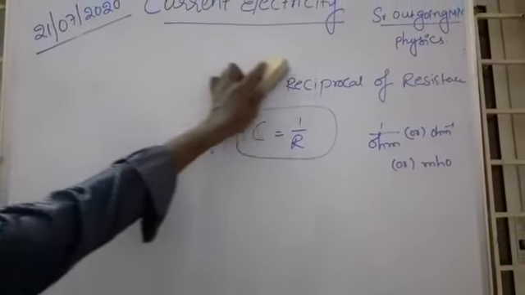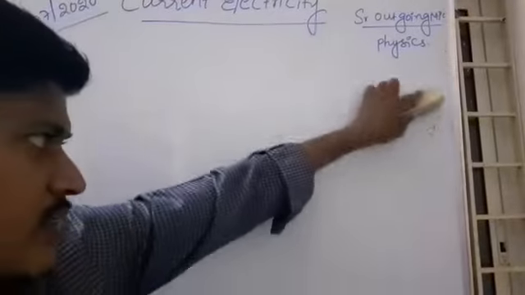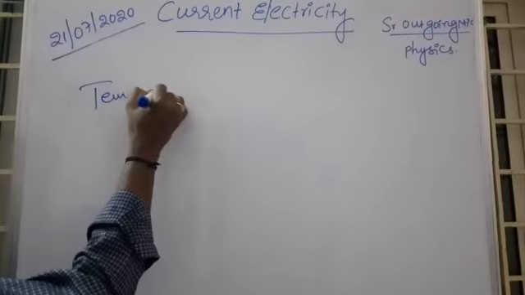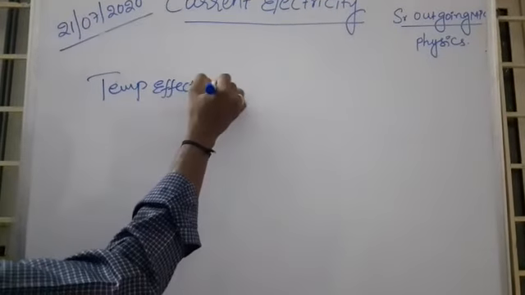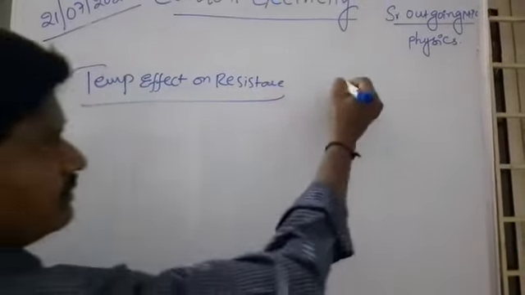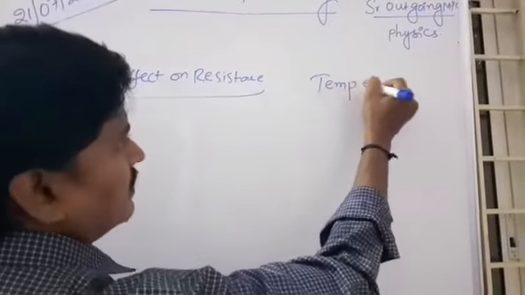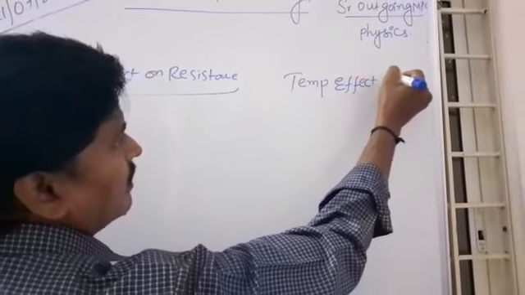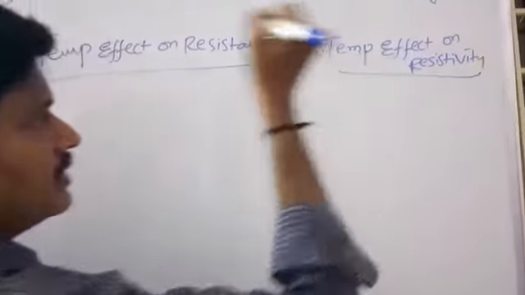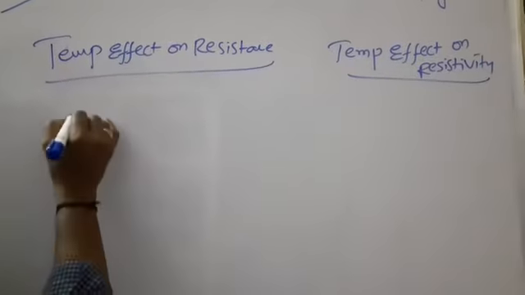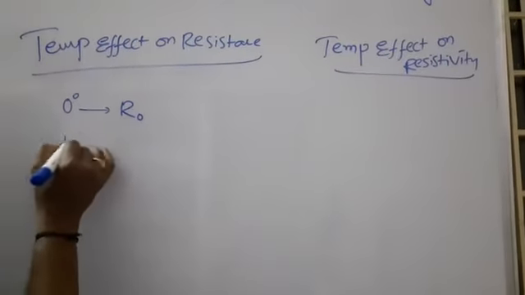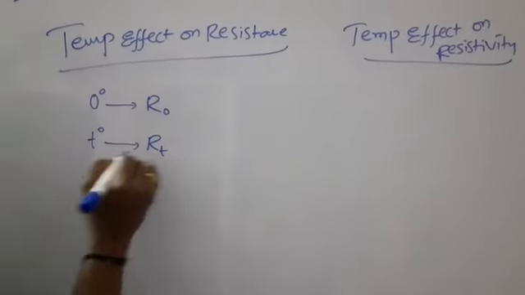Next, the temperature effect on resistance and the temperature effect on resistivity. First, the temperature effect on resistance: at 0 degree centigrade the resistance of the conductor is R0, and at T degree centigrade the resistance of the conductor is RT.